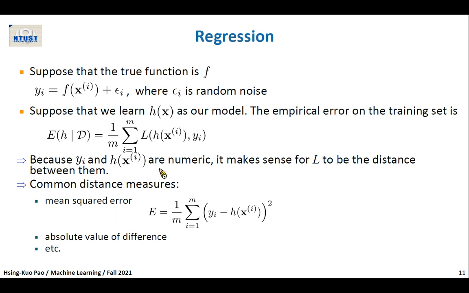It's numerical, so we are going to measure the square difference. That means we don't care whether the prediction is higher than the true value, like the thing that we may experience in the classification problem.